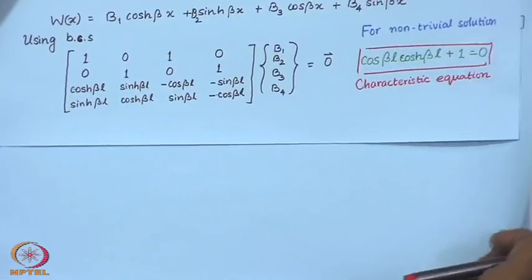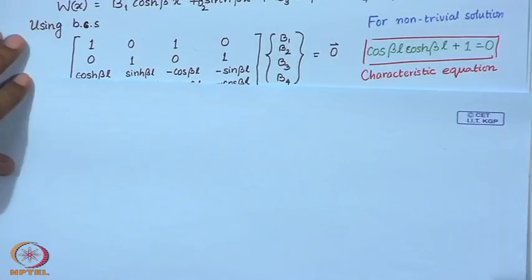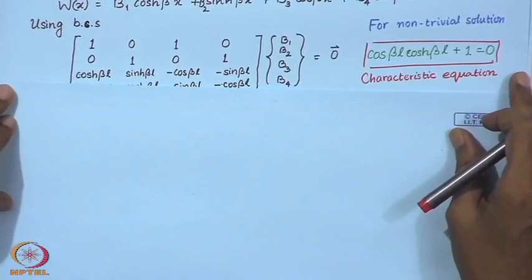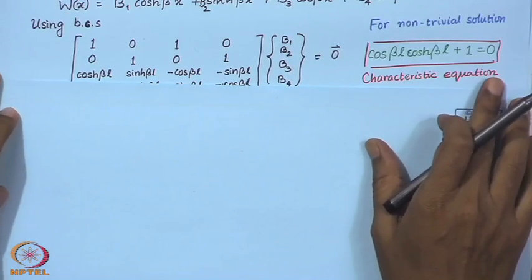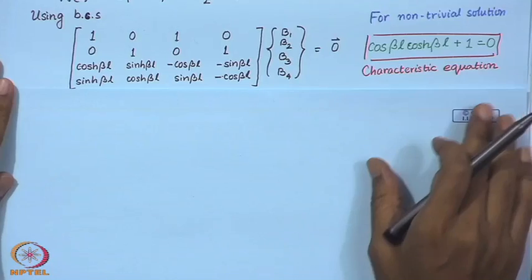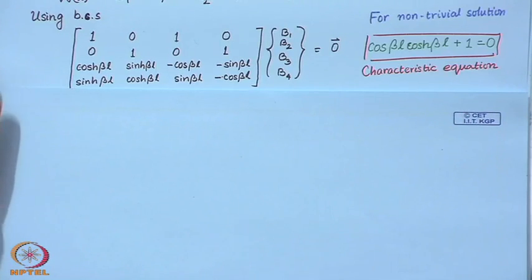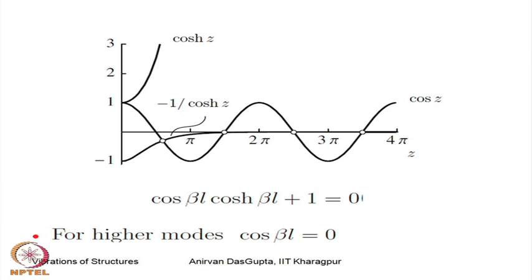Now, if you plot these functions after some rearrangement, then we can have a graphical approximation for the solutions as shown in this picture.